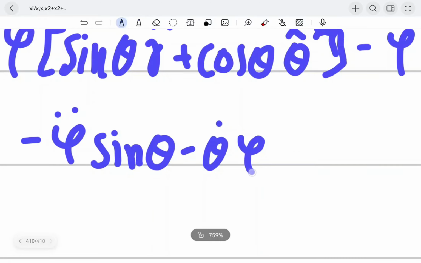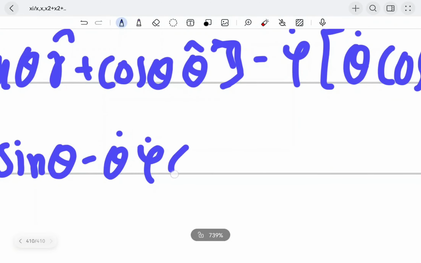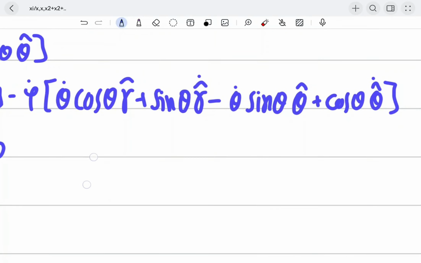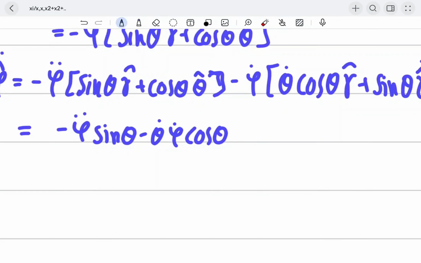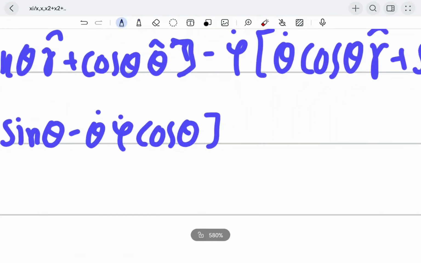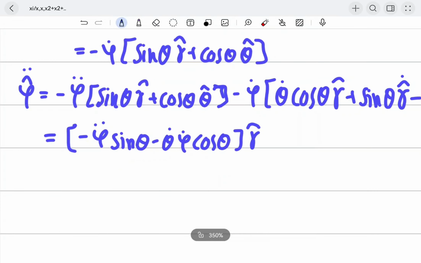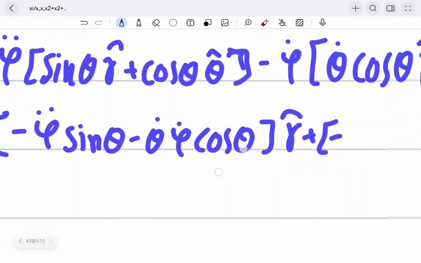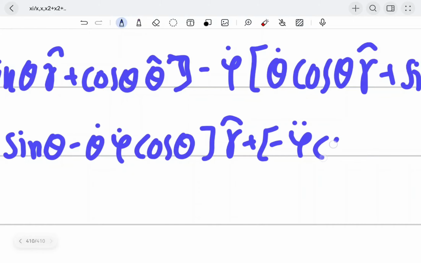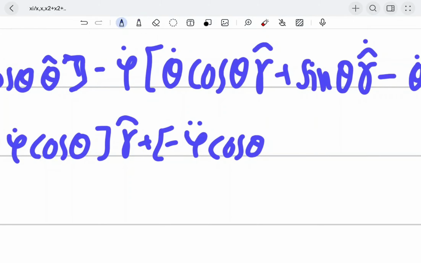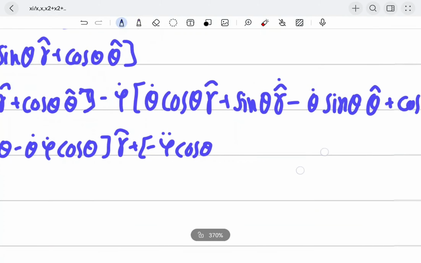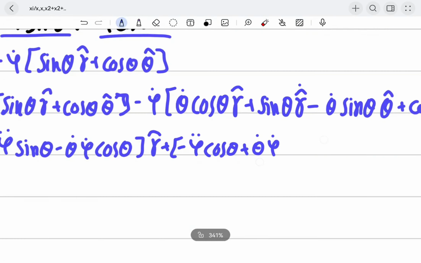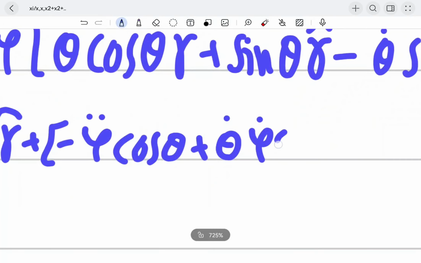Phi double dot sine theta minus theta dot phi dot cosine theta r hat, and then minus phi double dot cosine theta plus theta dot phi dot sine theta theta hat.